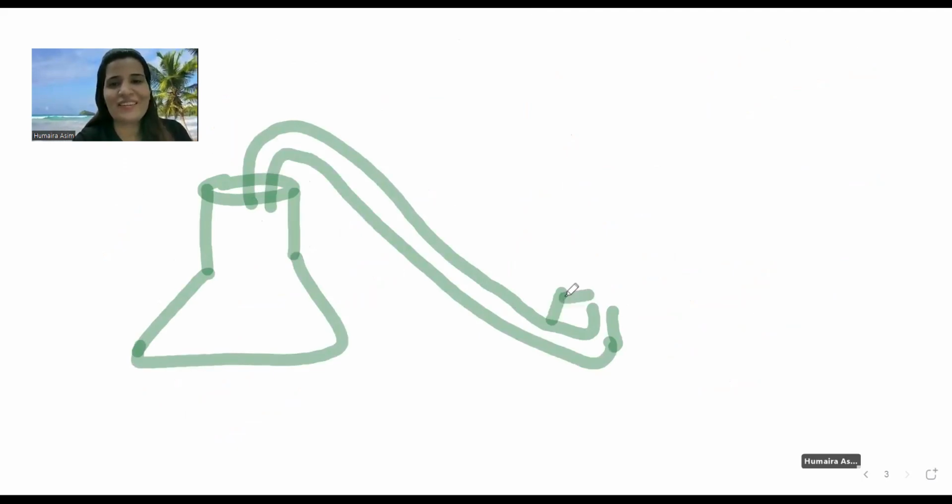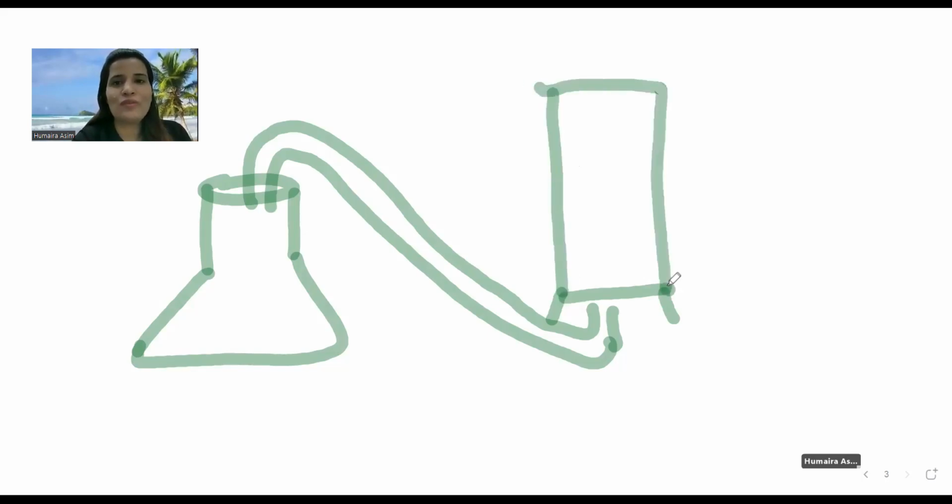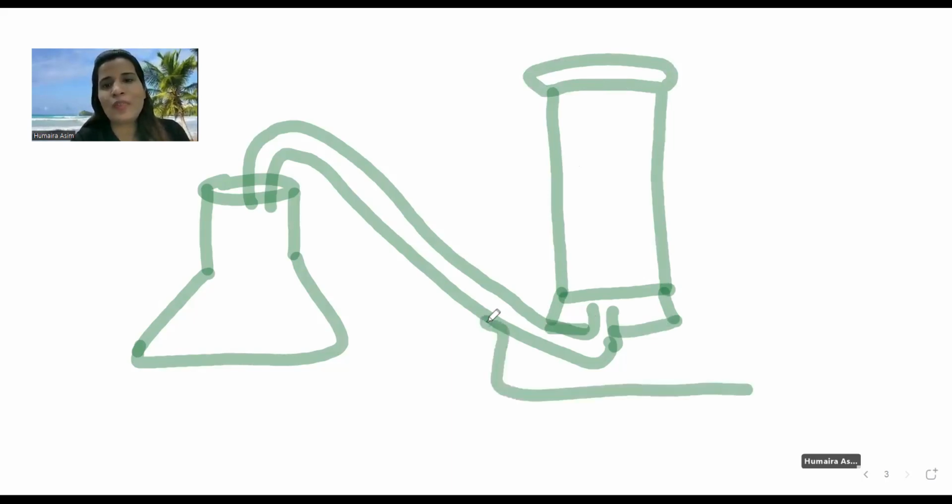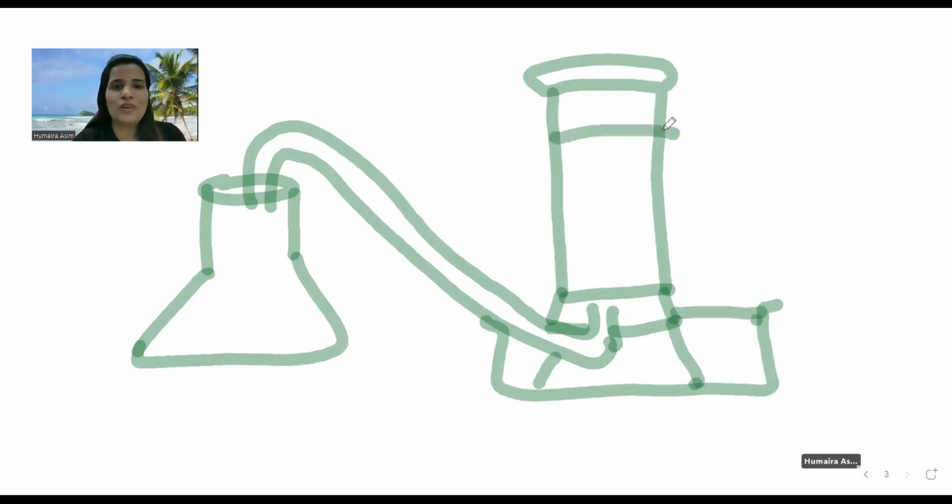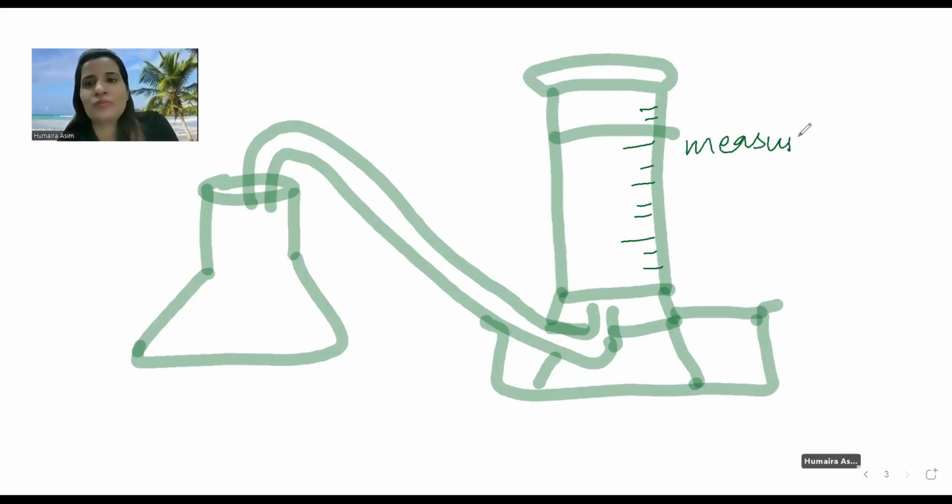And here, what do we have? This is basically our measuring cylinder, right? This is how the gas will be collected here. This is the measuring cylinder, so of course, there will be a scale. Gases can be collected like this too.